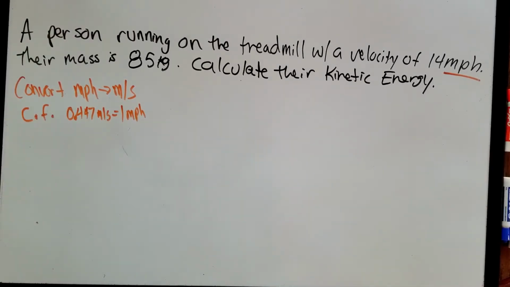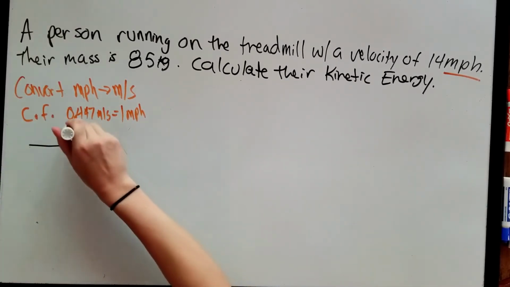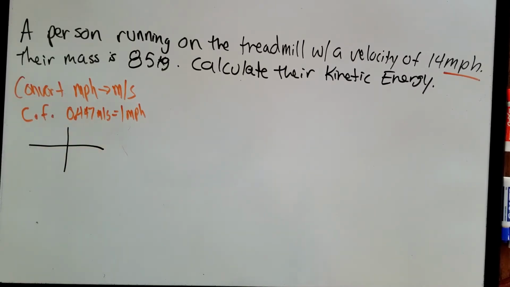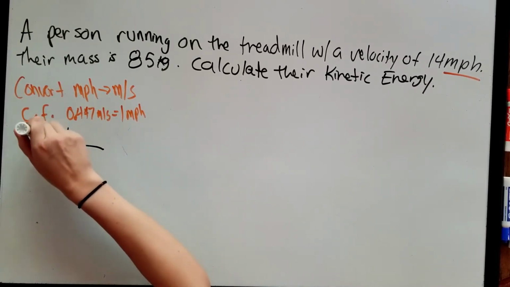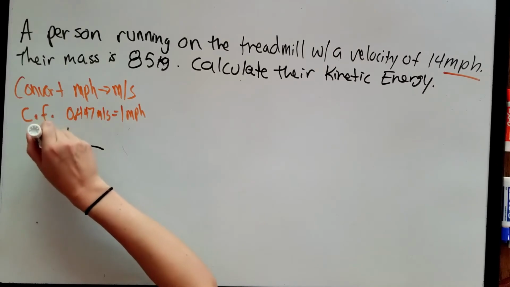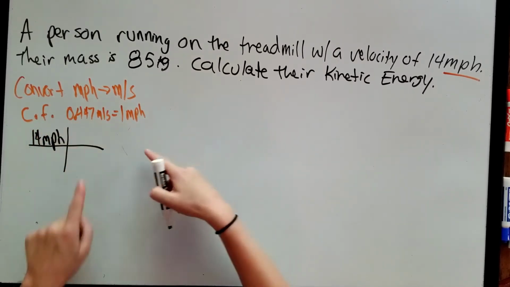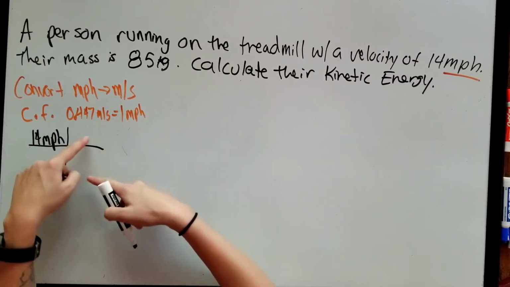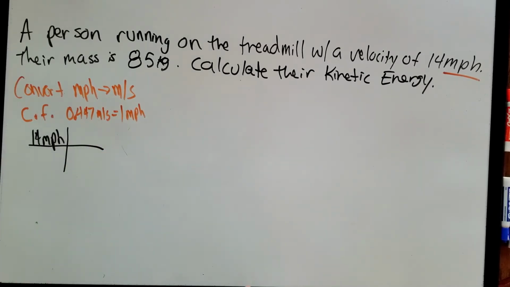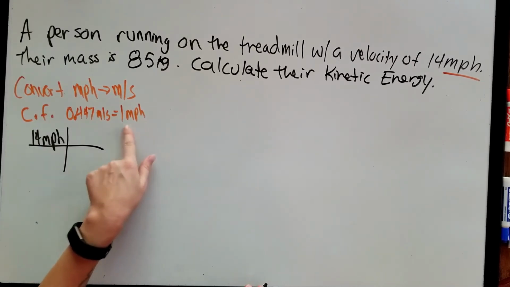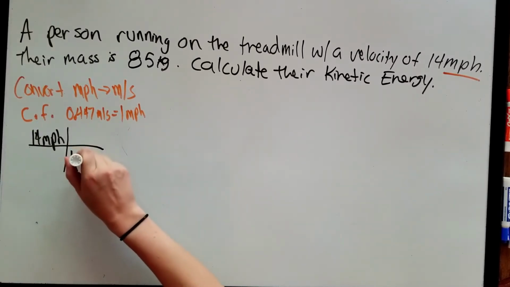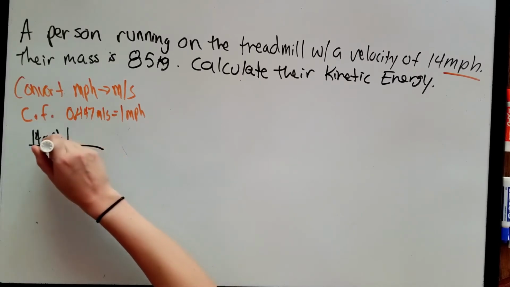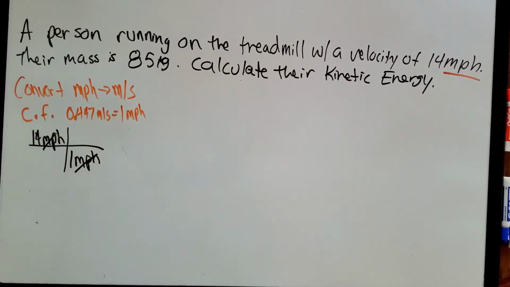So when we write this out, do our little railroad tracks, what are we going to put in this upper left-hand corner? Got 14 miles per hour. And we're going to take this conversion factor and put it here so that we're canceling out what we don't want and keeping what we do. So what we want to get rid of is the miles per hour. So we're going to put this 1 mph on the bottom so that they're on opposite sides of this horizontal line, thus canceling.